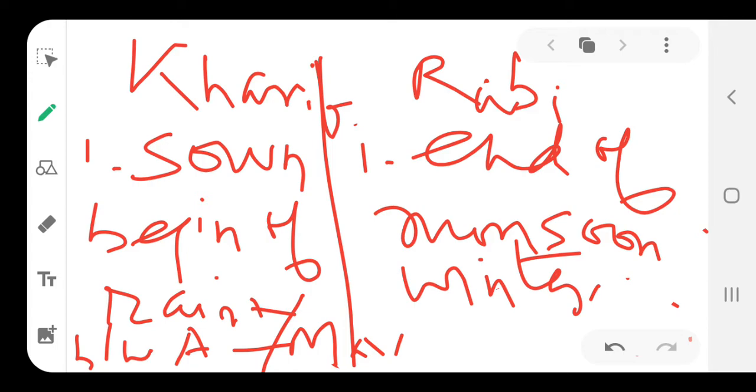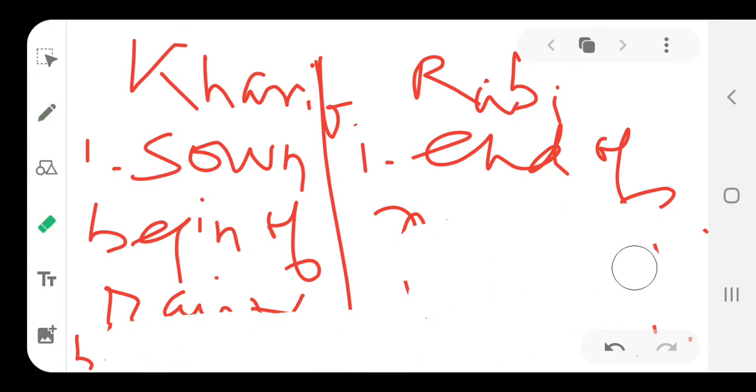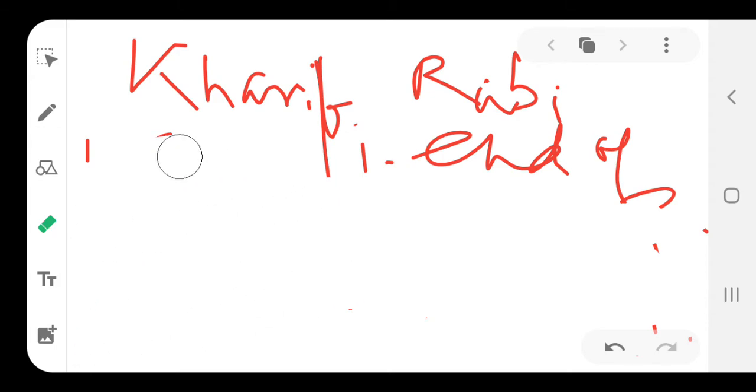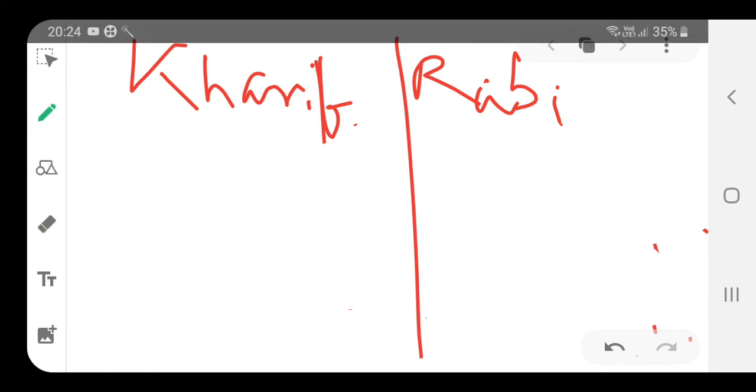That is between September and October. So these are the first point of difference between the two. Now let us see the other points for differences. So you can pause the video and write down the whole sentence because I am writing in brief. So you should write in complete sentence.